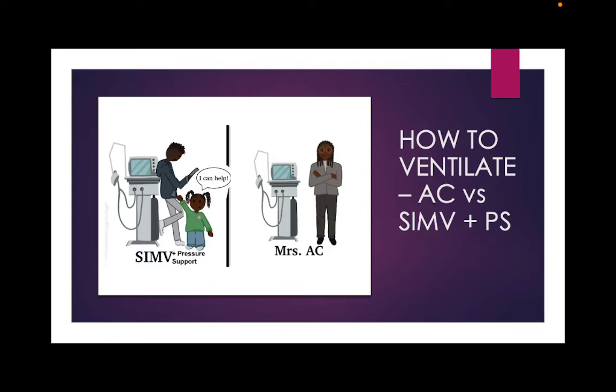AC, right? Let's help them out. Let's get them all the help they can get. Mortality for ARDS is high. I did not look up the current numbers, but it's not great. So let's help these patients out as much as we can. So first thing when you see ARDS is think, I'm going to go to an AC mode, okay?